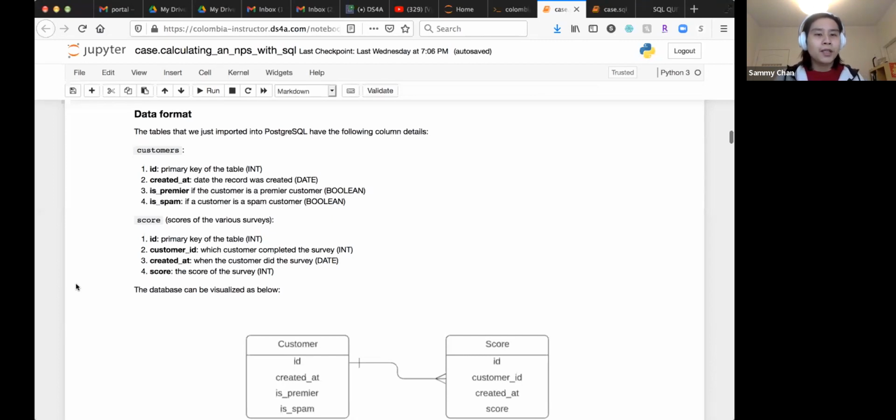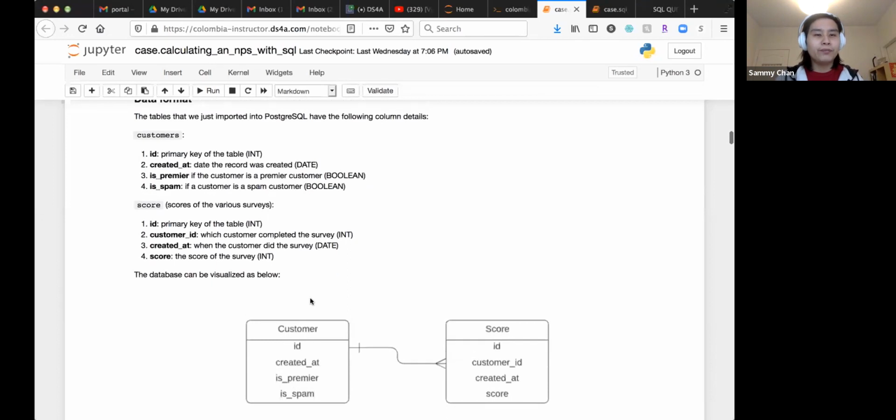So I'm going to talk about the ERD while a lot of you might be starting up the SQL server. Here we have two tables. One is about the customer. Of course, we have the primary key, which should be unique, the customer ID, and then when it's created, and then two booleans to indicate whether that customer is a premier customer or just a spam customer.